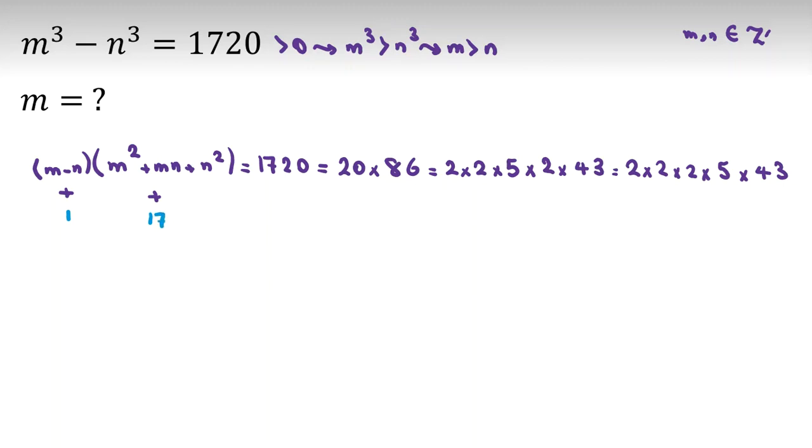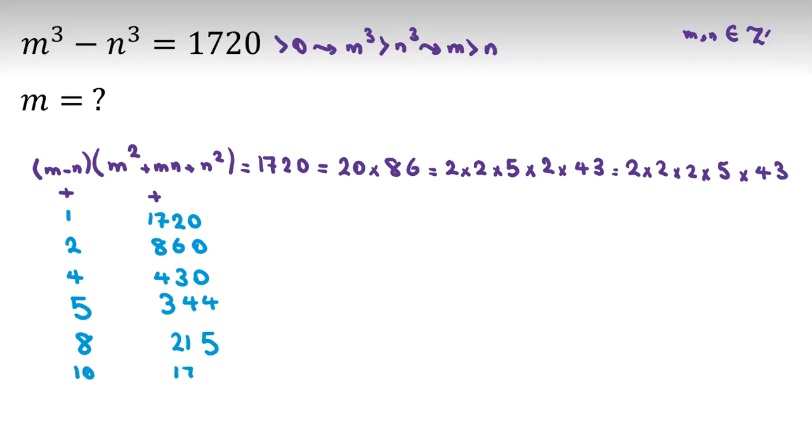It is 1, then 1720, then 2, and dividing by 2 it is 860. In the next step, 4 is also a divisor, 3 is not, and 4 gives 430. In the next step, 5: if we divide 1720 by 5, it is 344. 6 not possible, 7 not possible, 8: if we divide by 8, it will be 43 times 5, which is 215. Next case is 10, and it is 172.